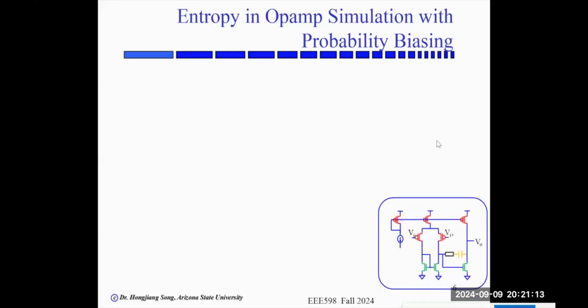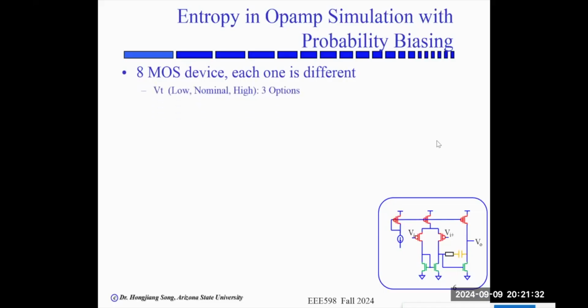So now, after this reduction, let's take a look at a design example using a 2-stage op amp to see how many design cases we need. For this op amp, we have 8 MOS devices, and we assume each one could vary very differently. That means in this case, based on the first reduction, we simplify into, for example, VT becoming nominal, low, and high.